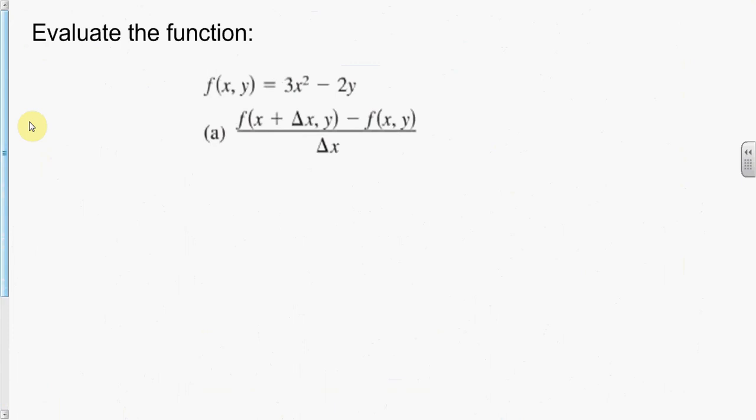Now, if you look at that function and take the derivative of this function with respect to x, you would expect to get 6x, treating y as a constant or coefficient.